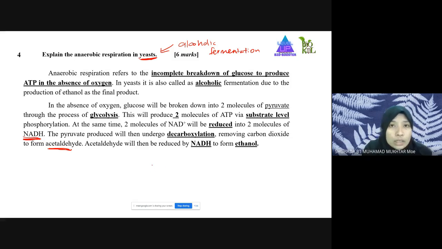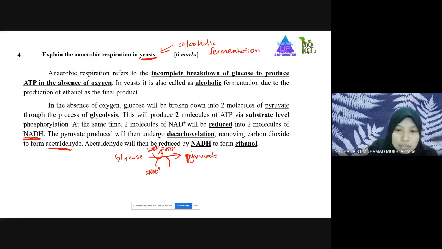Usually kalau awak ingat dia punya diagram, sepatutnya senang untuk awak buat ayat daripada diagram tu. So diagram apa yang kita ingat? Glucose undergo forming pyruvate. Kat sini dapat 2 ADP jadi 2 ATP, and kita dapat juga 2 NAD plus jadi 2 NADH.